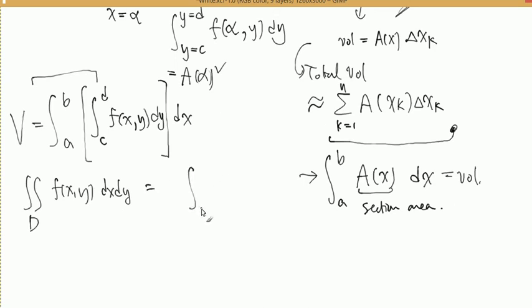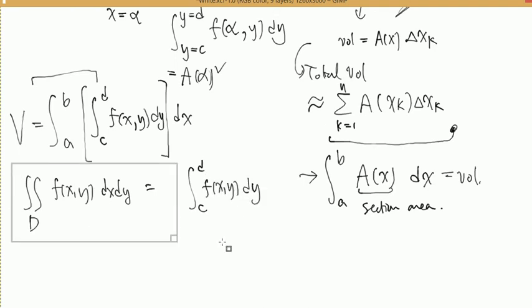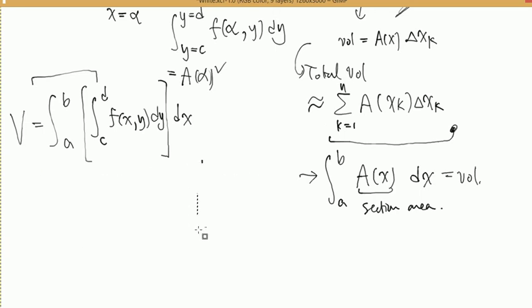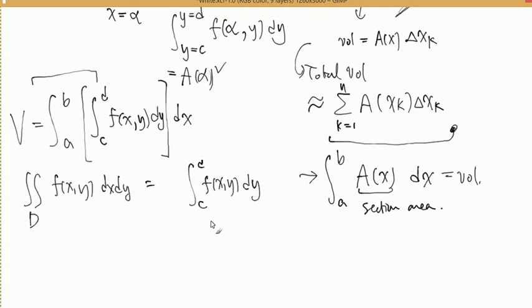First, the sectional area: fix x and integrate with respect to y first, right? So what does the inside represent? That's right, the sectional area. And then you integrate one more time for x out there. Use a little bit of space. And this is supposed to be the volume of the thing that we started with. That looks reasonable, right?